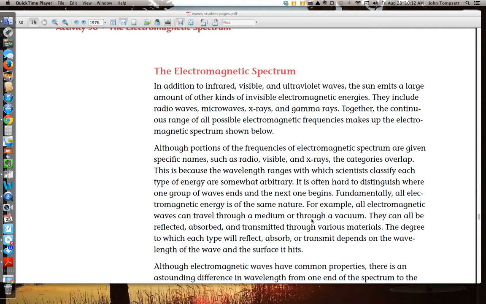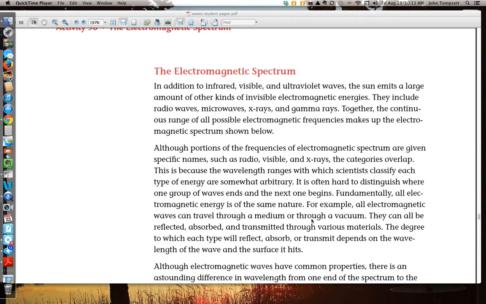Although portions of the frequencies of the electromagnetic spectrum are given specific names, such as radio, visible, and X-rays, the categories overlap. This is because the wavelength ranges with which scientists classify each type of energy are somewhat arbitrary. It is often hard to distinguish where one group of waves ends and the next one begins. Fundamentally, all electromagnetic energy is of the same nature.